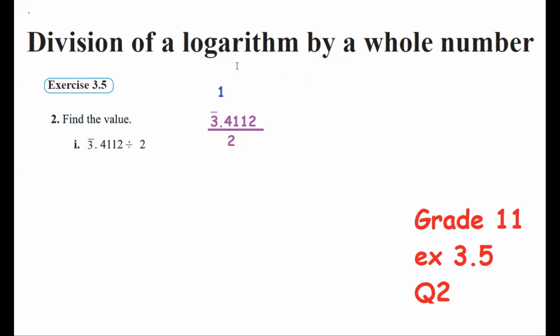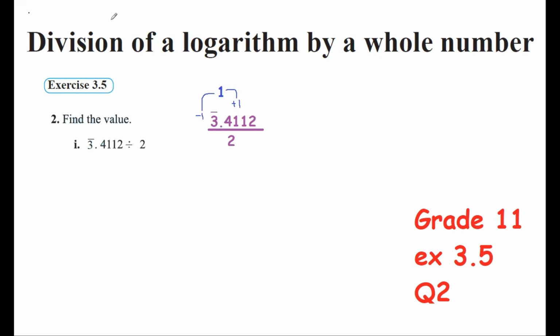When you are taking a 1 from the whole number section, this part gets -1 and the other part gets +1, right? So now our number comes like this.